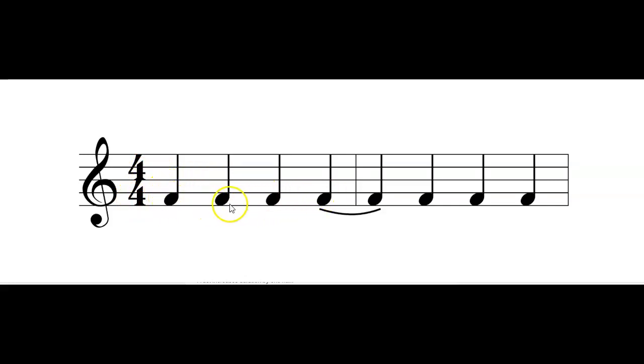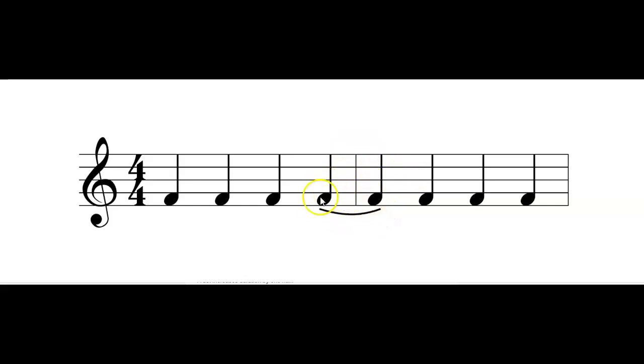So say I'm writing a song and I have this 4 beats, but on the 4th beat, I really want to hold it out a little bit longer. Well, I can't put a half note here because it would occupy too many counts in the measure. So what I do is I split it up into 2 quarter notes, that half note that I wanted, and all I do is put the second quarter note on the other side of the bar line, and I connect it with a tie.